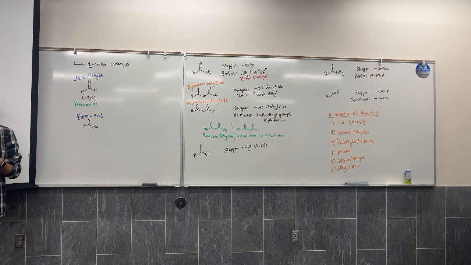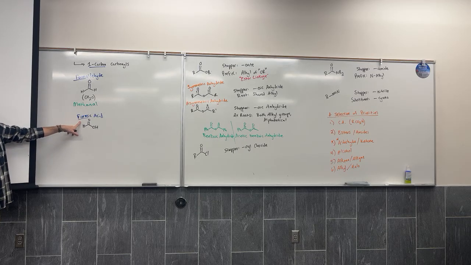You guys heard of formic acid? Formic acid comes from Greek origins. The Greeks noticed that when they crushed up ants, they could extract this acid from them. And so they described this as the acid that comes from ants. Form is Greek for ant.